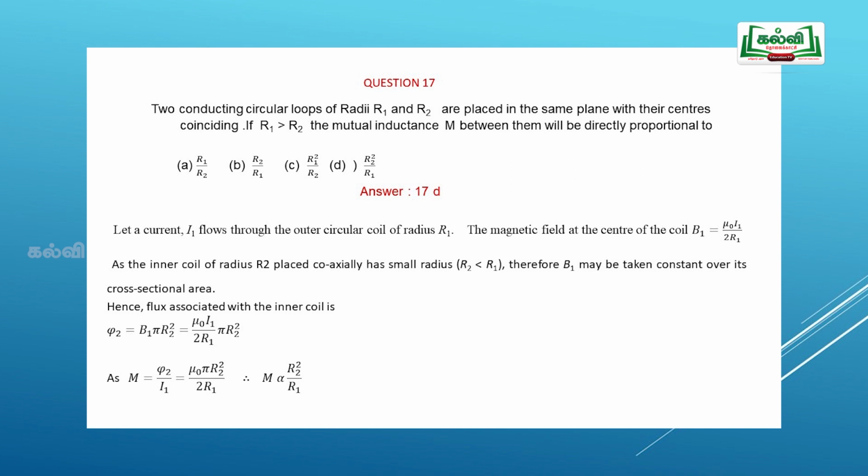Simplifying, the I1 cancels. Then what do you get here? R2² by R1.